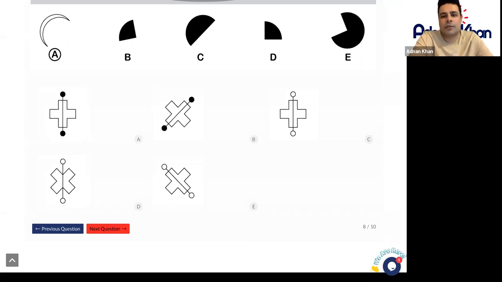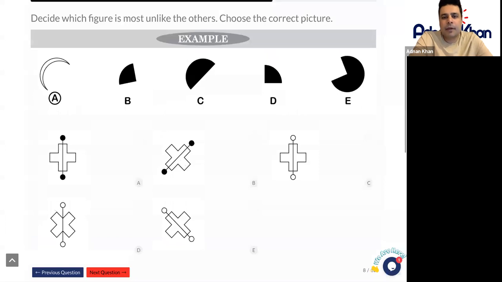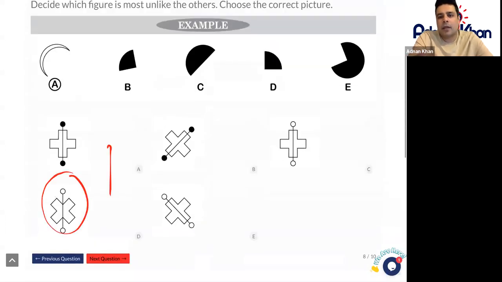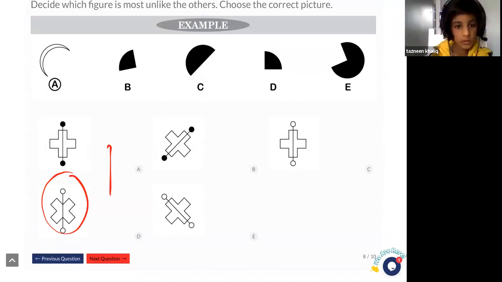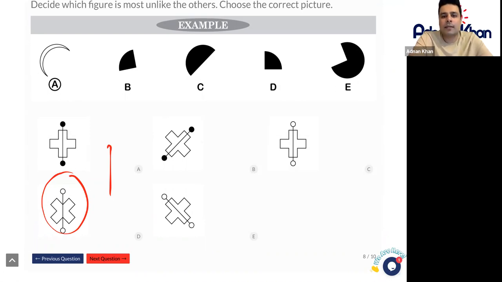So let me show you this. If you look at this shape, let me get my pen. Look at this shape here. It's going right across. So the parallel lines are all in one end. In this case as well, the parallel lines are all in one end.